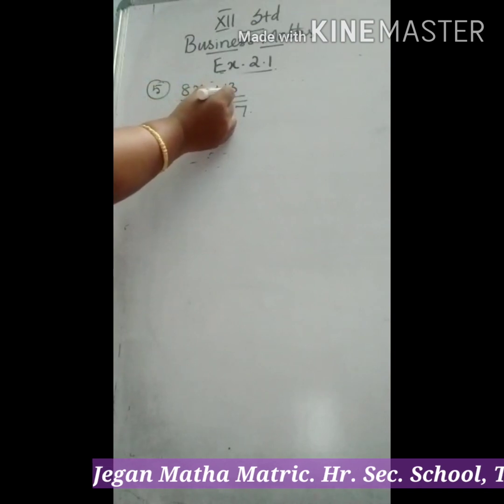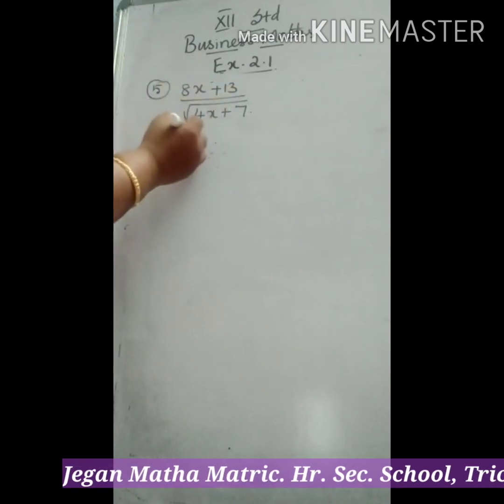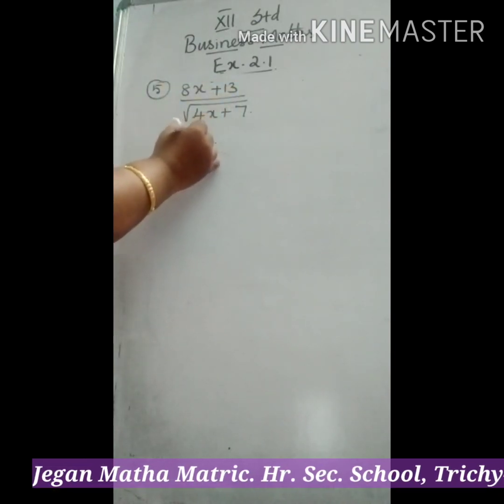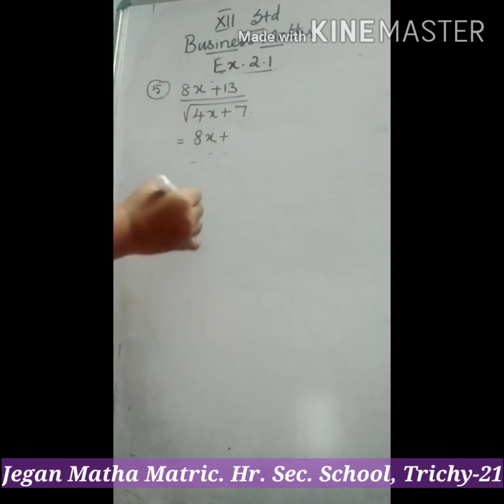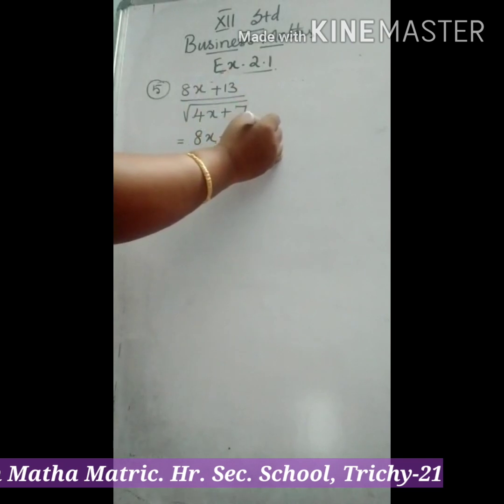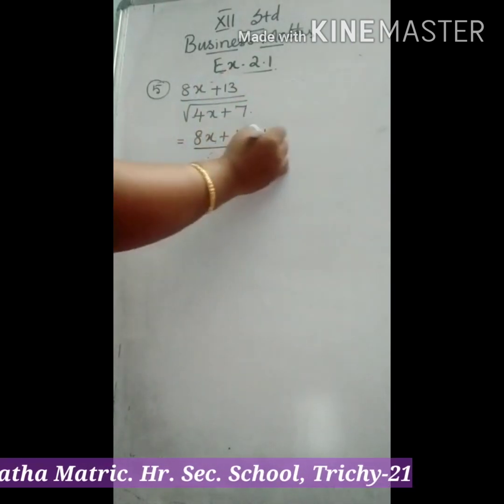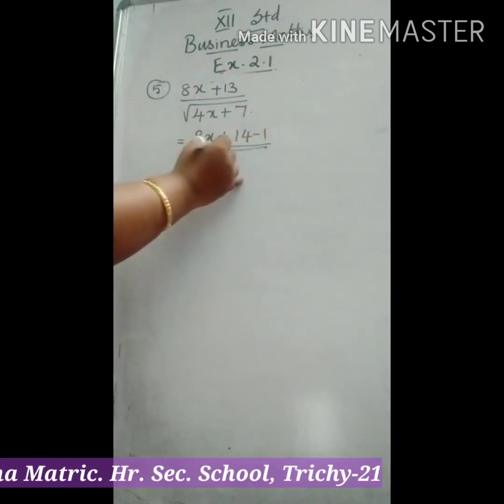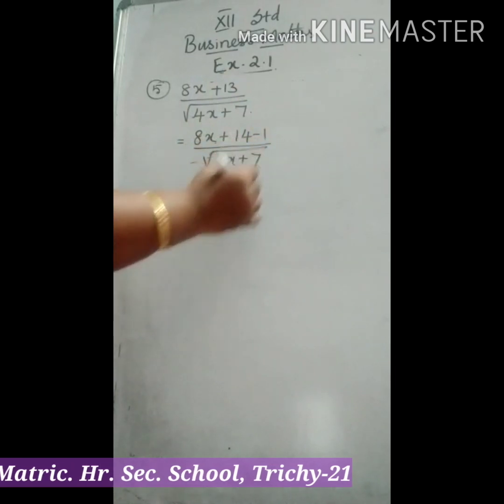First we have to change this 14. We have to split it: 8x plus 14 minus 1, divided by root of 4x plus 7.